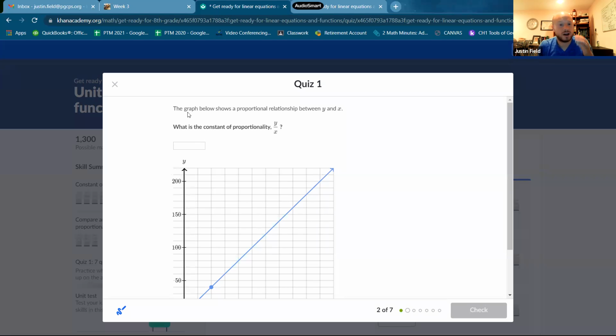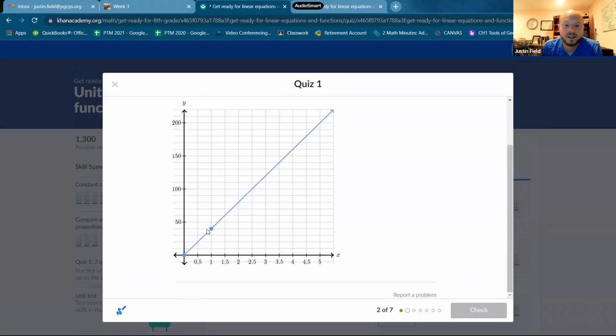The graph shows a proportional relationship between y and x. This is 7th grade, right? The constant of proportionality, y over x, you should remember that. So we just picked the point there. What's the y value? Looks like 45. And the x value is 1. Let's double check that is 45. So 1, 2, 3, 4, 5.